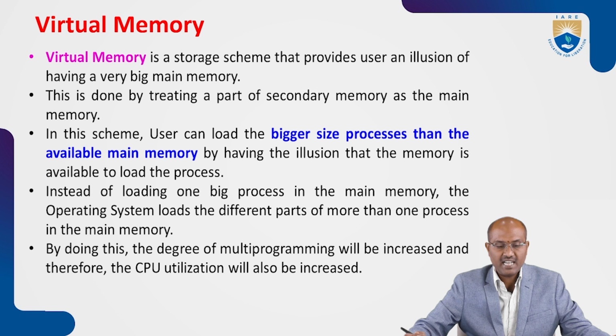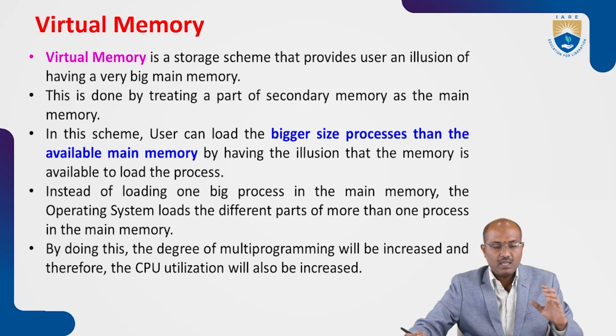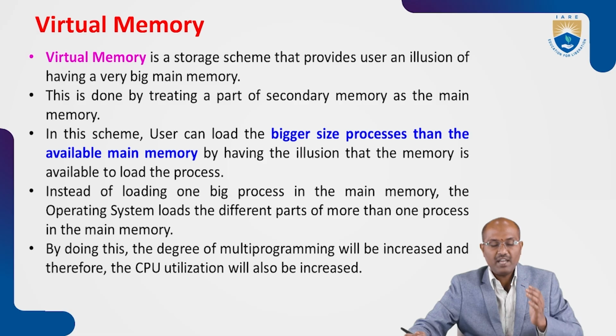This is done by treating part of secondary memory as main memory. With this scheme, the user can load a bigger process than the available main memory, having the illusion that memory is available for that process.